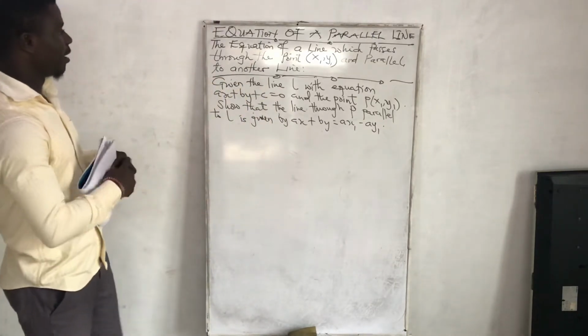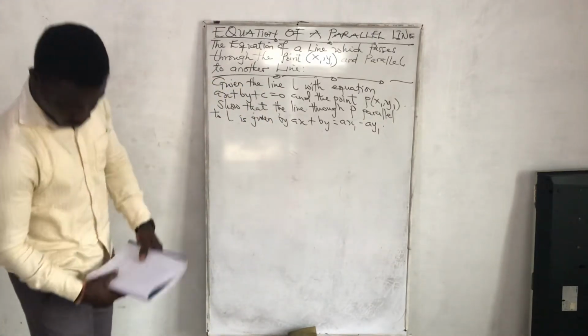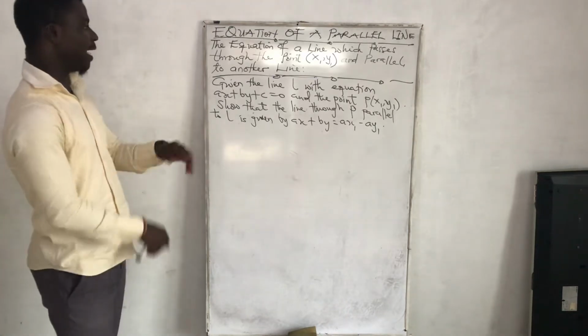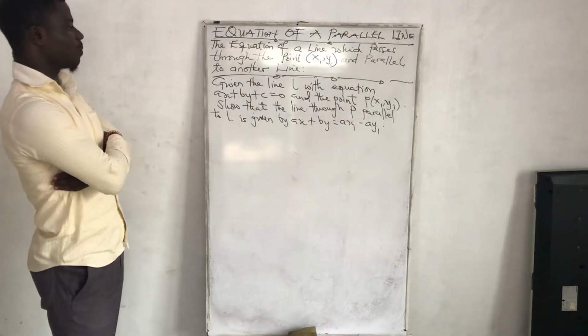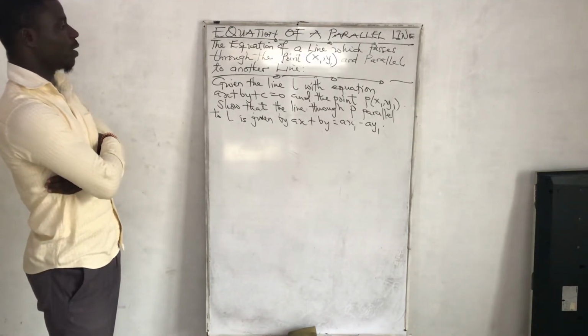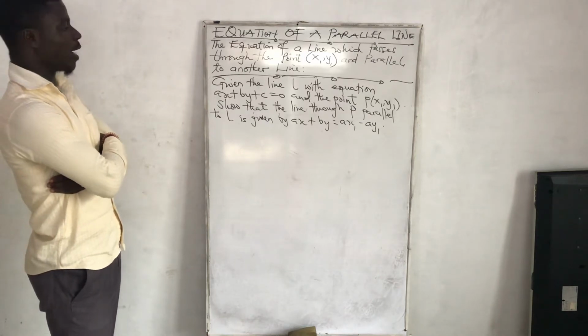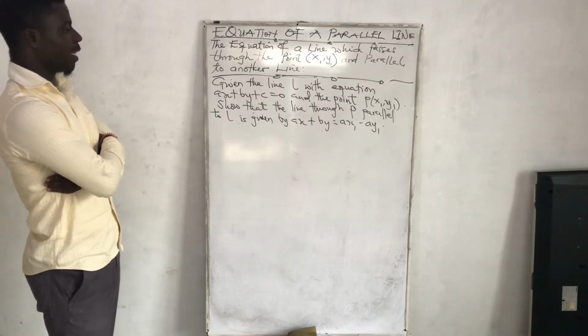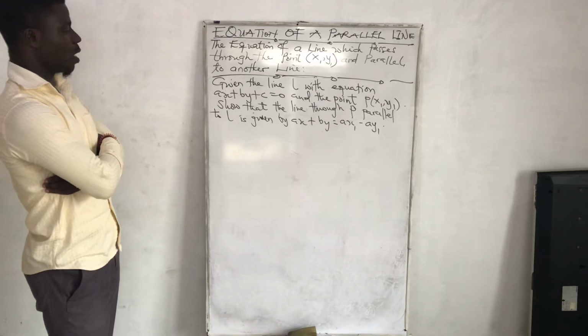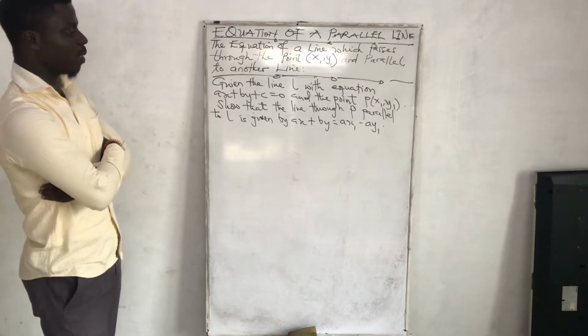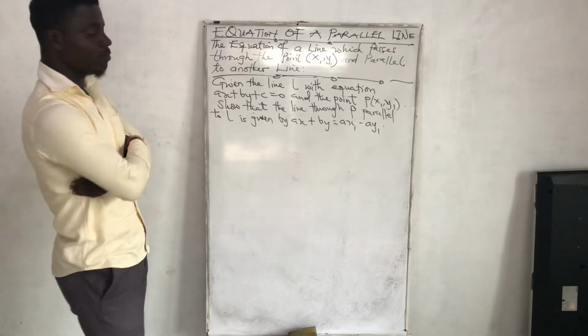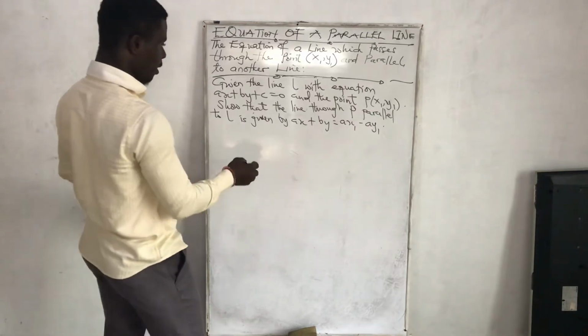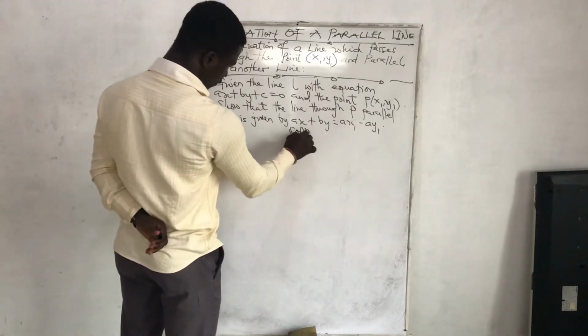So now, given the line L with equation ax plus by plus c equals 0 and the point P(x1, y1), show that the line through P parallel to L is given by ax plus by equals ax1 minus ay1. So now how best can we solve this?